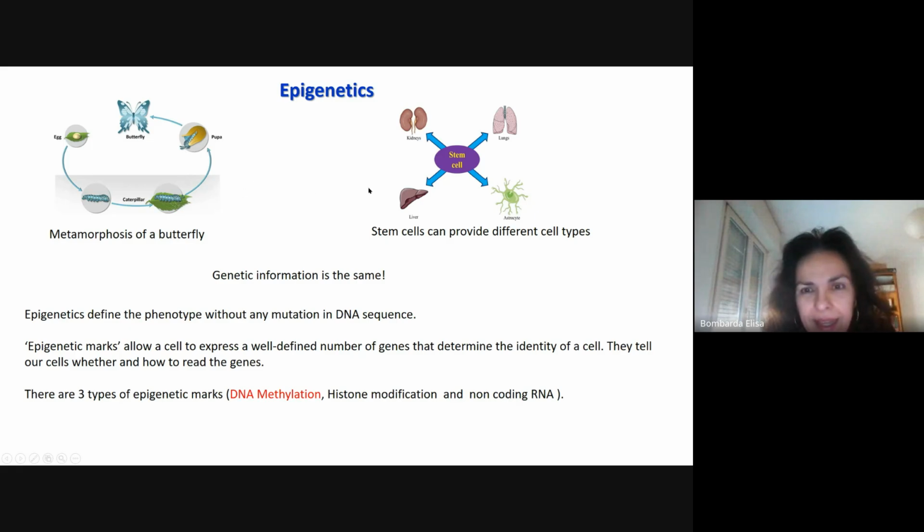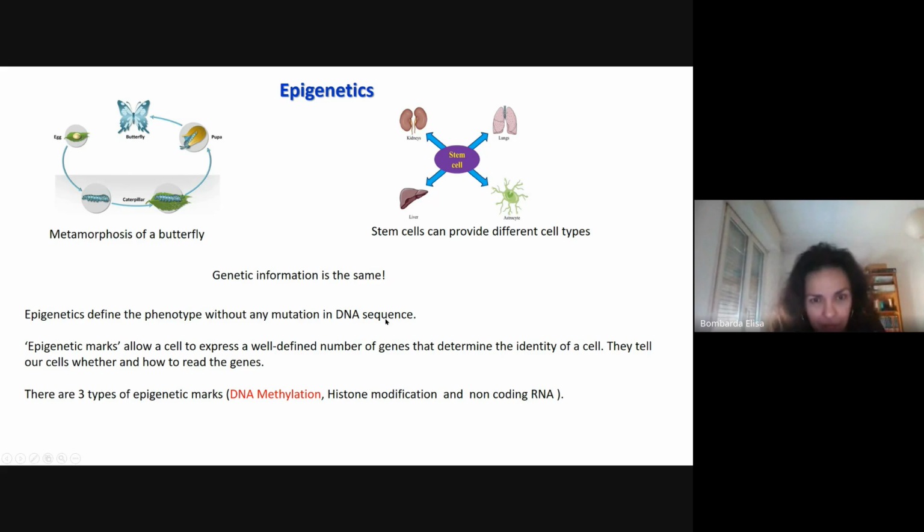How is this variety possible? This is epigenetics, which defines the phenotype without any mutation in the DNA sequence.